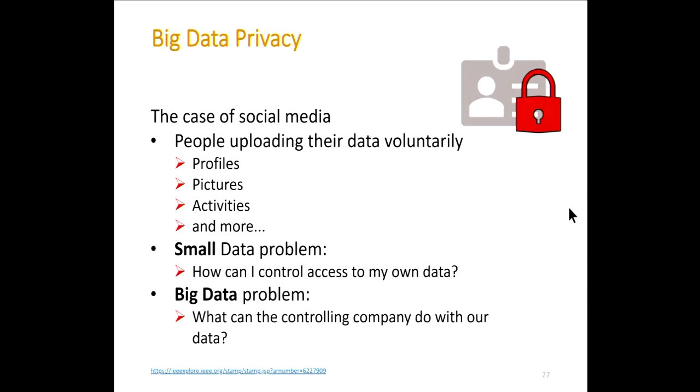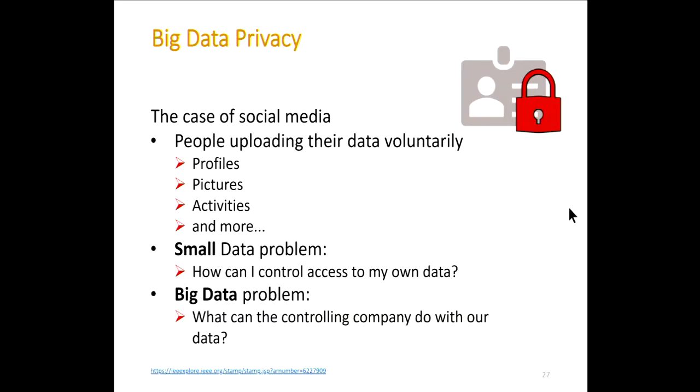So you cannot come later and say, hey, I didn't want people to know this. So from the small data perspective, you need to look at, from the provider side, how can I control access to my data?